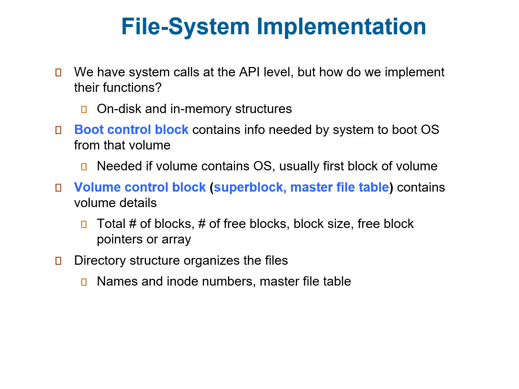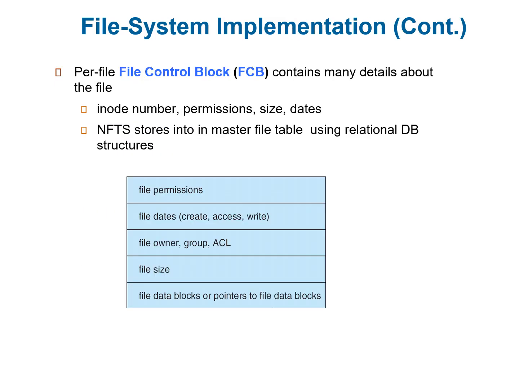We have a volume control block which contains volume details like total number of blocks, number of free blocks, block size, free block pointers or arrays, everything. And the directory structure organizes the files in the form of names and inode numbers and the master file table. All those things are maintained.